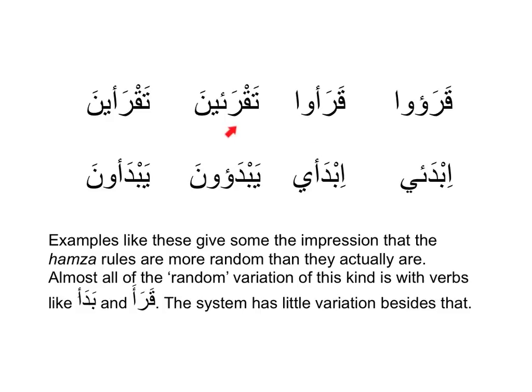Similarly, for you are reading, with an e, you get taqra'ina, written correctly with the hamza on the nebra, but you also get it written with the hamza on an aleph, taqra'ina, which preserves that basic shape of the verb. With the verb to begin, you get ibda'i, imperative, begin to a girl, ibda'i, with a hamza on the aleph, and they are beginning, yabda'una. You get, again, variation between the hamza written on a waw and the hamza written on an aleph.